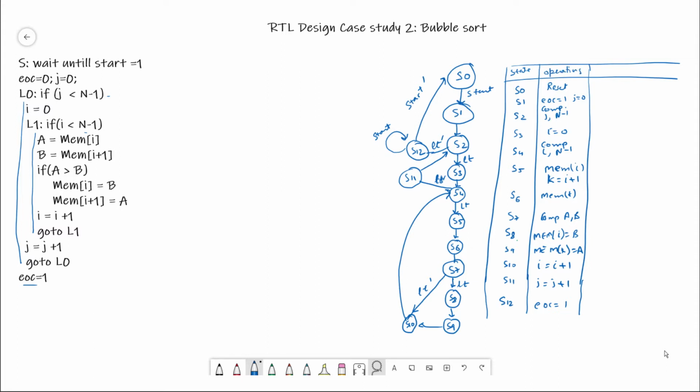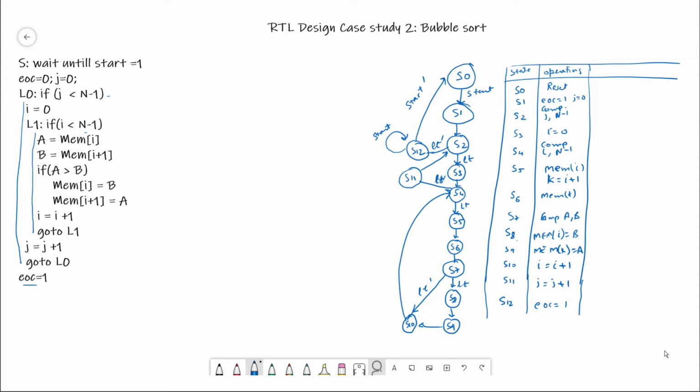Okay, so after these operations are performed, now the next step is we can find the data path, what number of registers are required, and how they would be connected to each other. So this state machine can essentially be implemented using state registers.